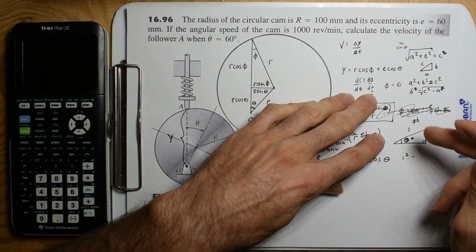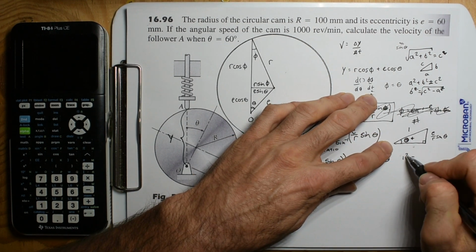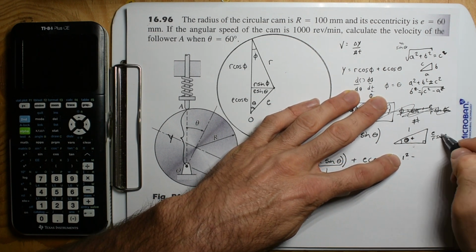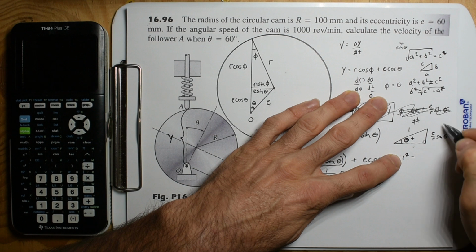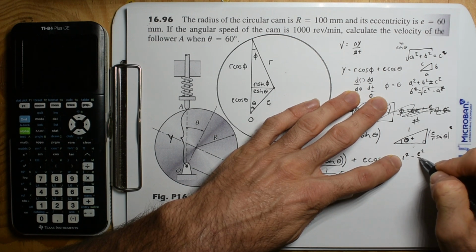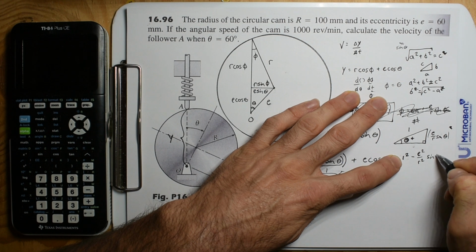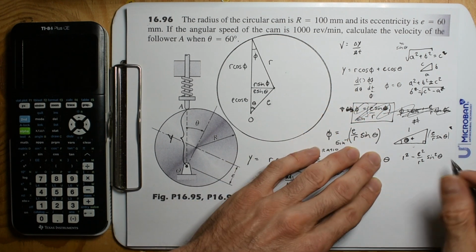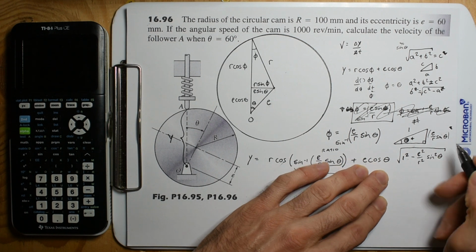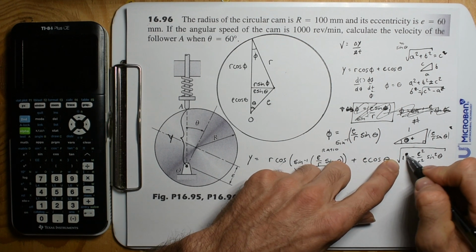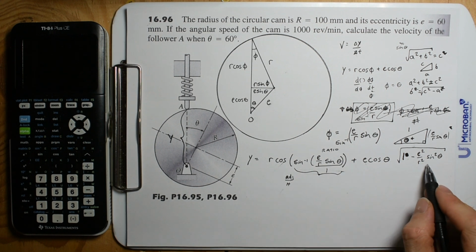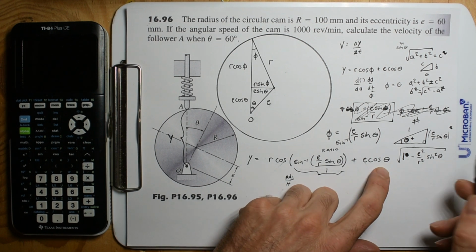So if we're starting with the hypotenuse, even if we're squaring it, we have to subtract this squared. So instead of this squared, I'm going to go e squared over r squared sine squared theta. That's the same thing as squaring this whole thing. Now we're going to take the square root of it. So this just becomes 1 minus e squared divided by r squared sine squared theta.